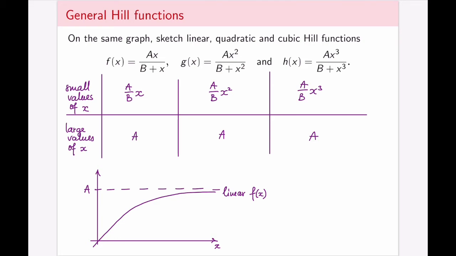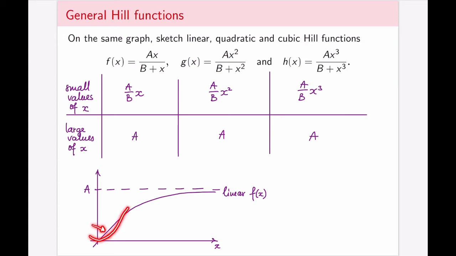Now, next up, I have a quadratic. So that means that near the origin, this function has to look like a parabola. But then for large values of x, it has to approach a. So this is where the other part of the power analysis is important to remember. For large values of x, these both approach the same number. But for small values of x, they are linear versus quadratic, which means that in the beginning, the smaller power will dominate, so the linear function will be on top.